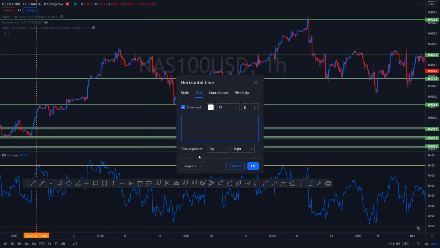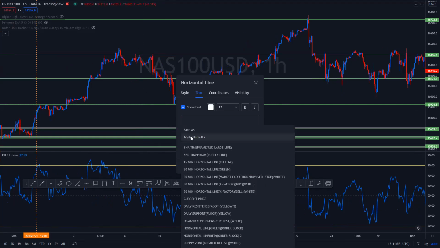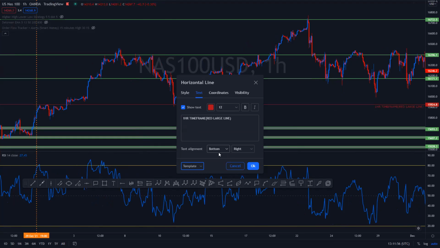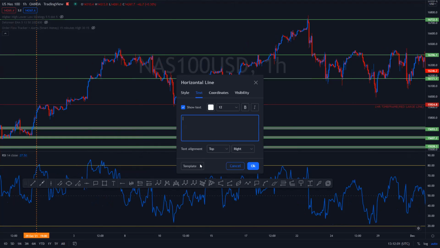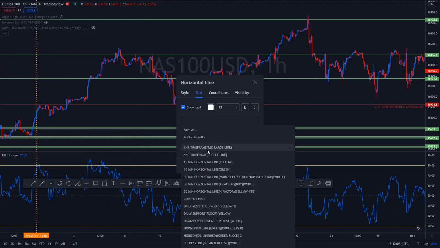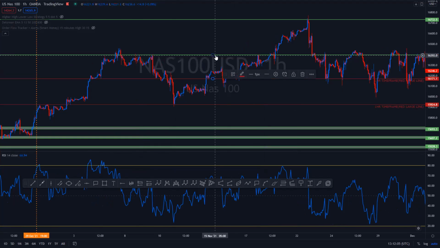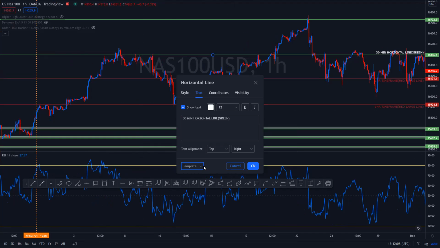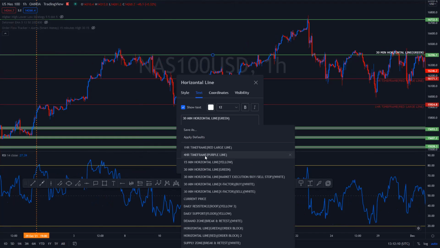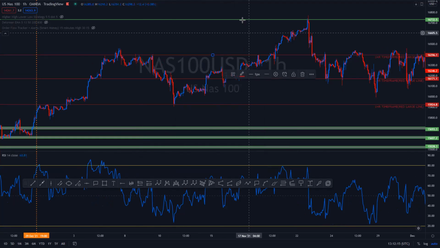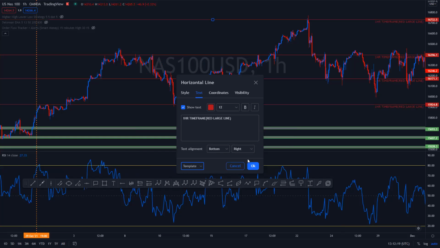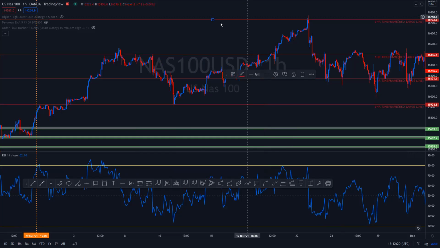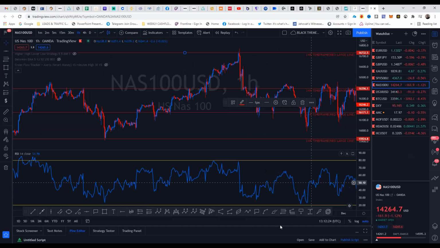So we're going to change this to red. Let me see. Yep, red. So then what I'm going to do is just draw my supply demand zones for the 1 hour.